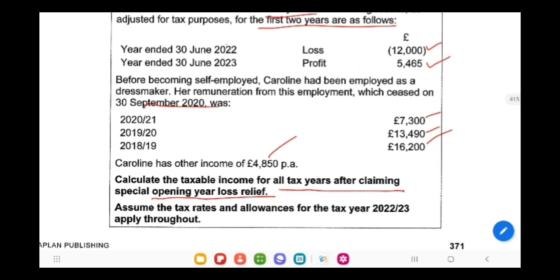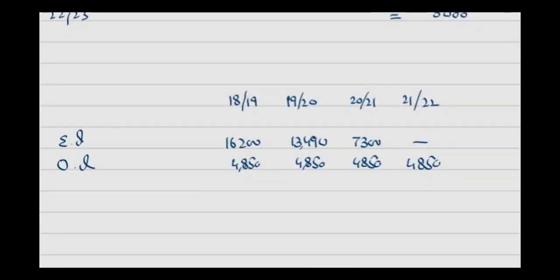So in the year ending 30th June 23, he has earned a profit of 5,465. So it will be 22-23, and trading profit, no profit. And because we have to apply the current year basis, in this year the income is 5,465.